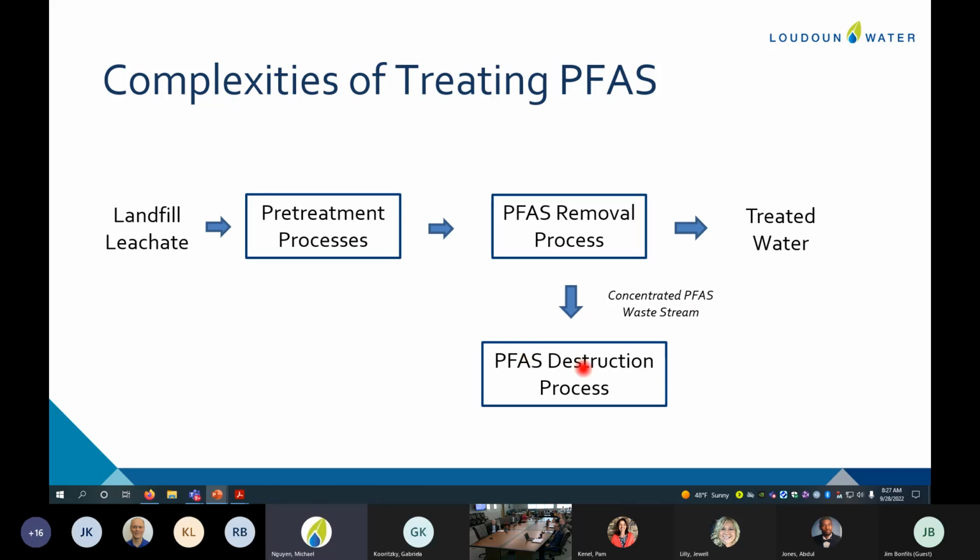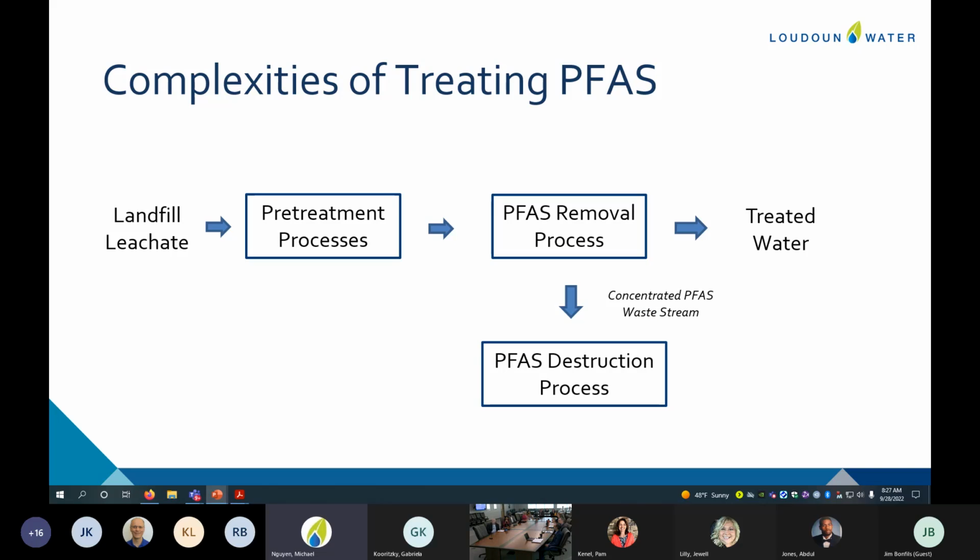To be able to use these destruction technologies. So we are studying how they can remove it so that their treated water can then enter the collection system without contributing PFAS to Broad Run. We will include operating costs so that the landfill is covered on how this PFAS destruction might be handled.